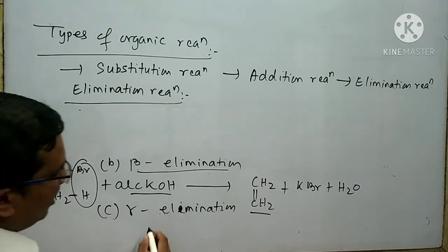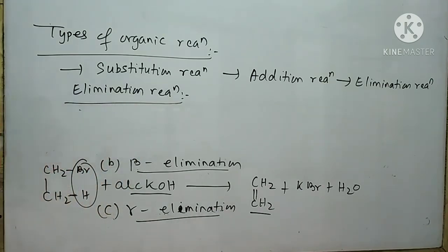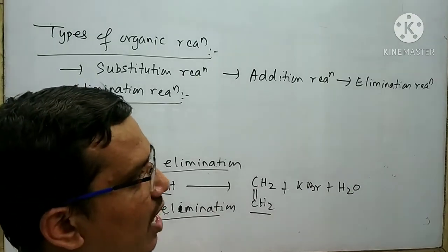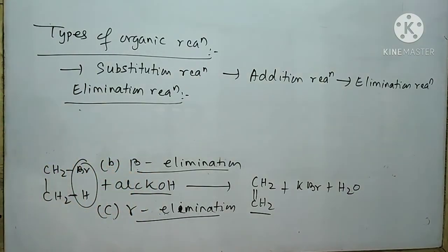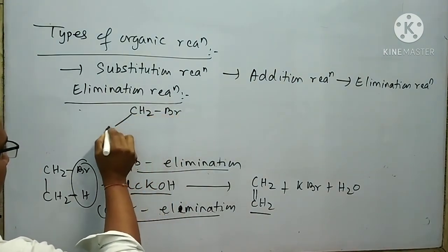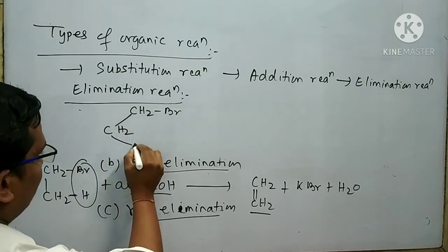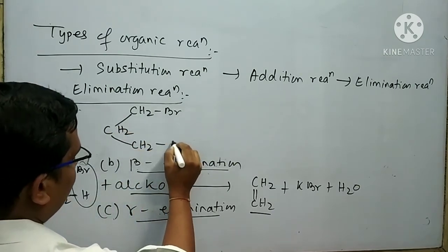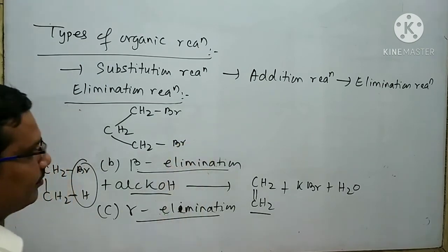Next I will explain about the gamma elimination. In this reaction, two atoms or groups are removed from alpha and gamma position. Take an example, CH2Br-CH2-CH2-Br.